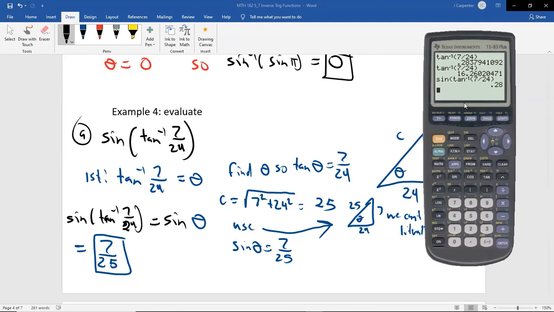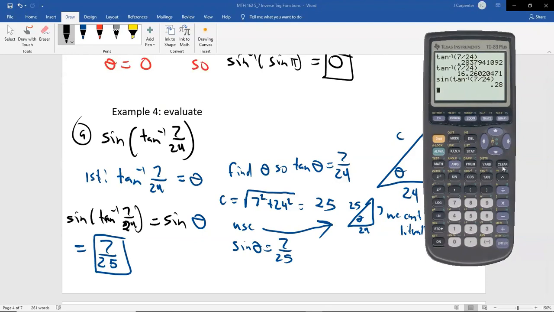And if you wrote 0.28, I think my math lab wouldn't even like that, because it would want this as a fraction since it could get converted, and typically we use fractions, not decimals, when we're talking about ratios of opposites, adjacents, and hypotenuses. So don't think your calculator is going to do everything for you. First of all, this is a no calculator test. You're not even supposed to be using this.